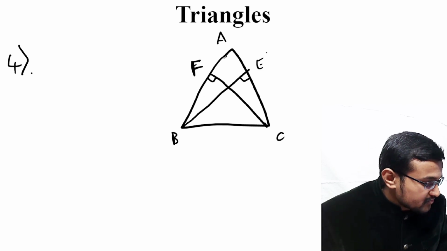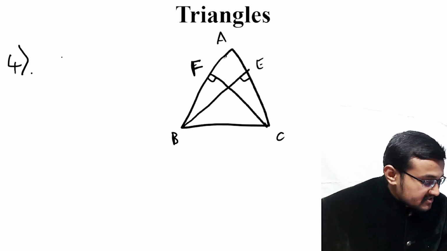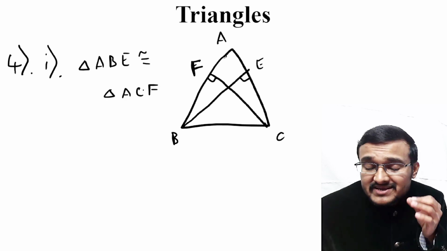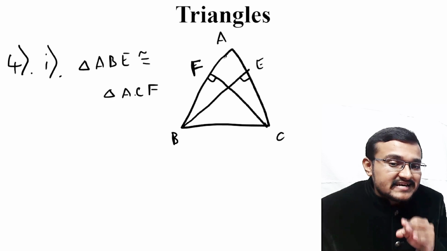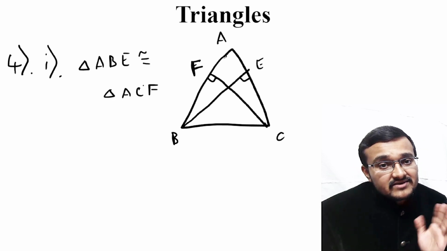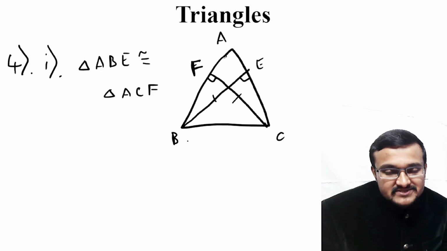Now you have to prove two things that they have asked in this question. The first one is triangle ABE is congruent with triangle ACF. The diagram is the same, but here they have not mentioned AB is equal to AC because they have not given ABC as an isosceles triangle, but they have given that BE is equal to FC.